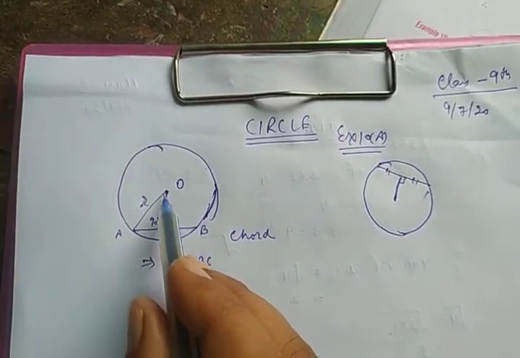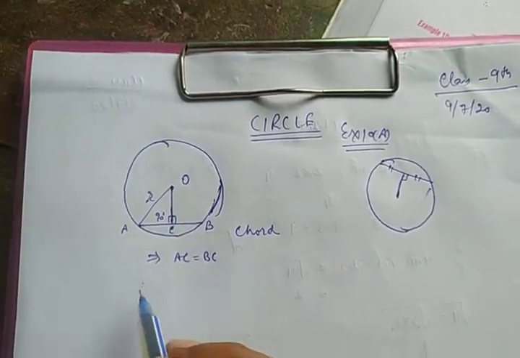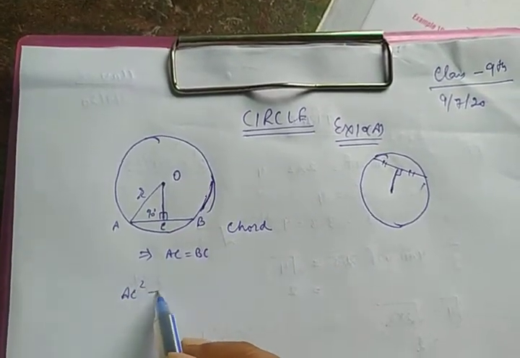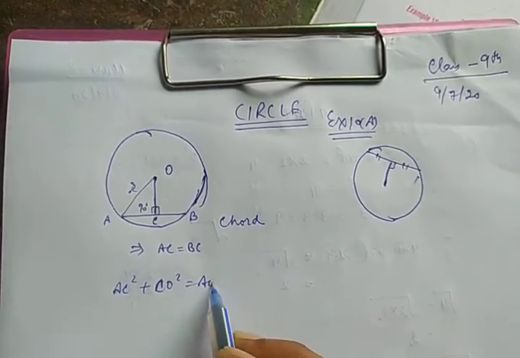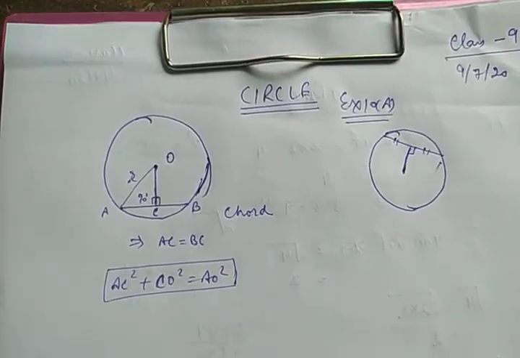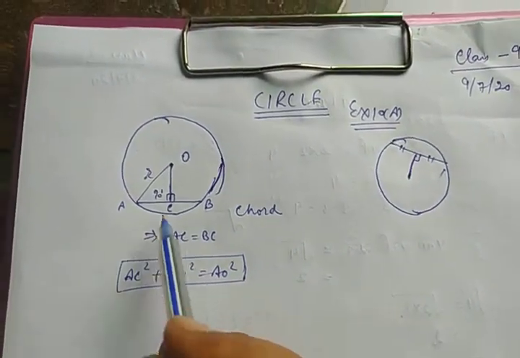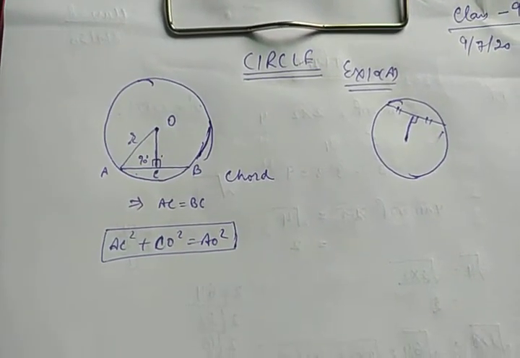Then in triangle ACO, you can use Pythagoras theorem. Means AC square plus CO square is equal to AO square. This is called the Pythagoras theorem. And if the values of certain segments have been given, then you can calculate by using this.